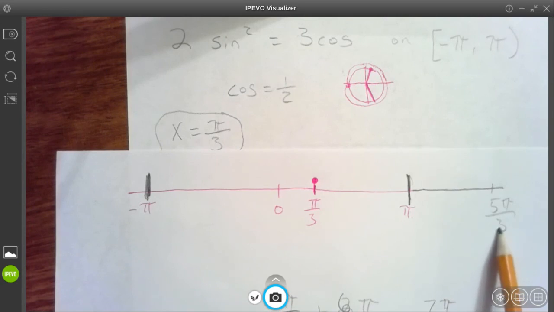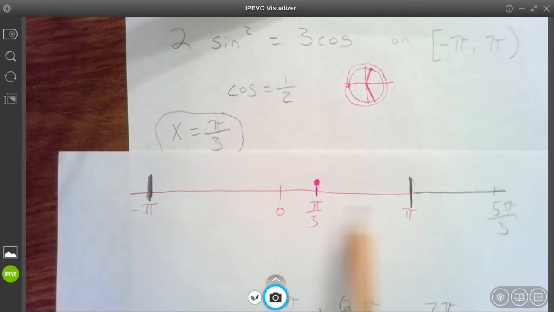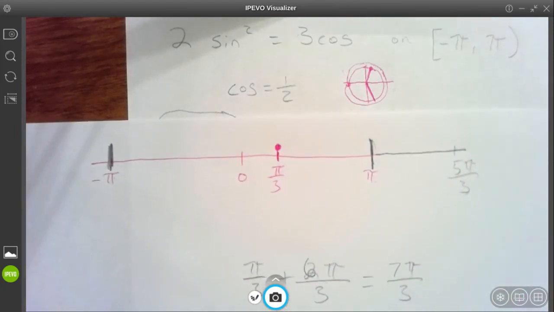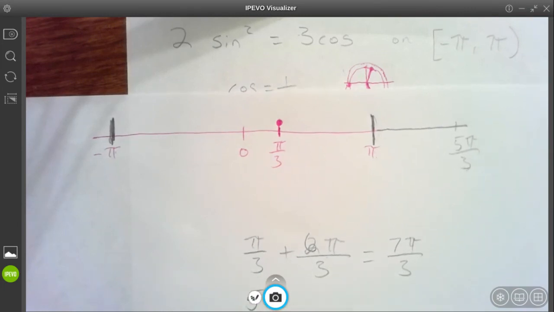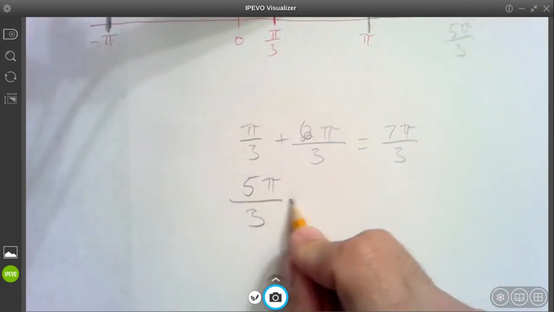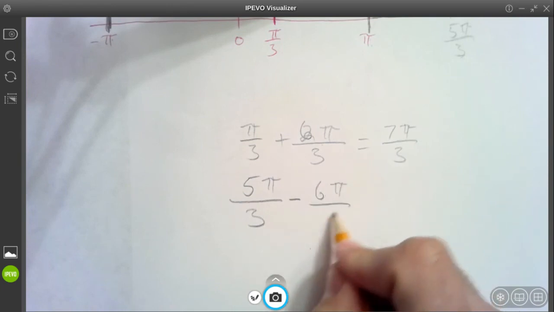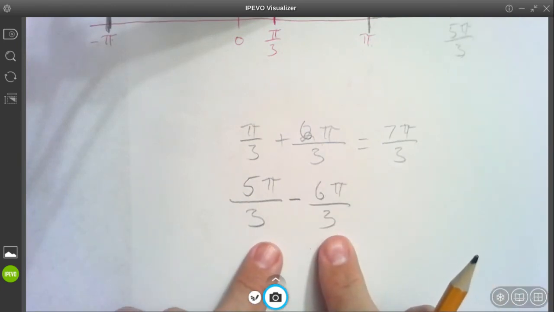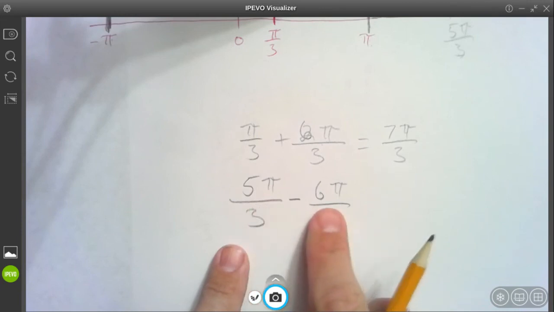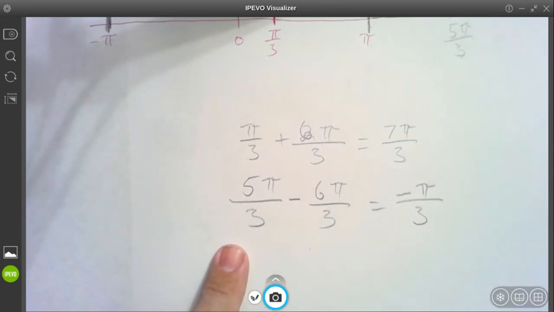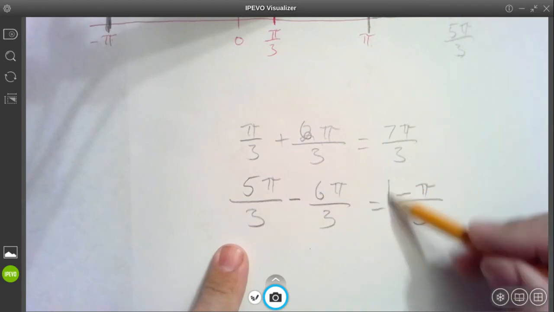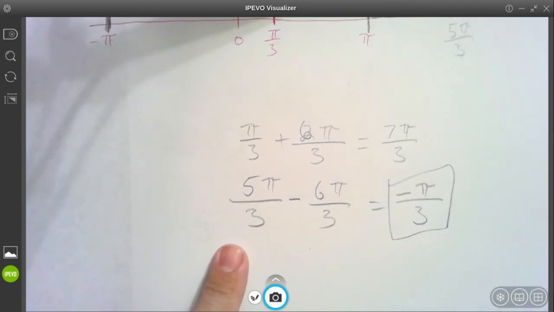All right, if I subtract 2 pi, it's going to bring me in between these two. If I added 2 pi, it'd be way bigger than what I needed to. So to get my other answer, I'm going to do 5 pi over 3 minus 2 pi, which is 6 pi over 3. 5 pi minus 6 pi is negative pi over 3. And this is going to be my other answer.